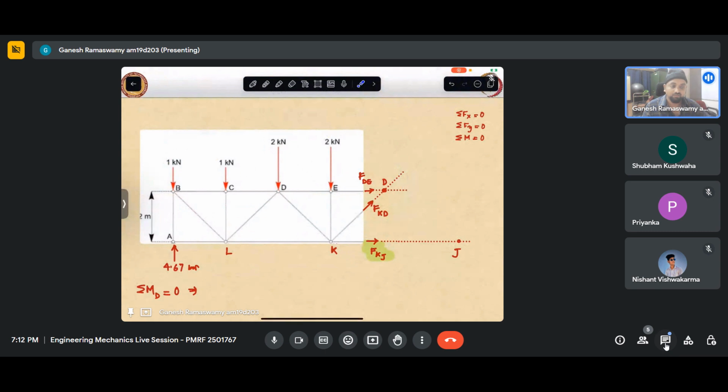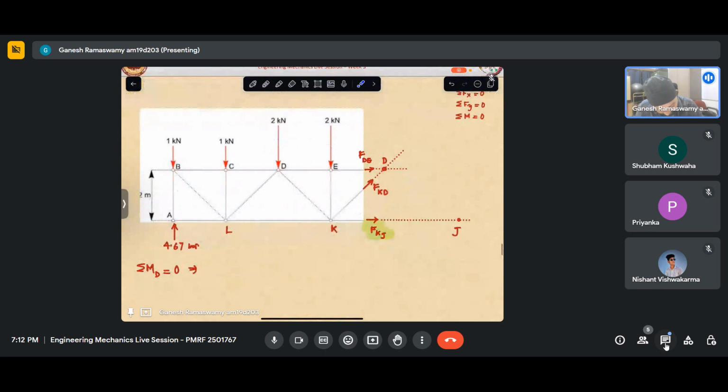So signs we will put accordingly, keeping in mind that this is 2 meter and this distance is also 2 meter. Irrespective of where I have cut the section, I may as well have cut the section here or here or here. Ultimately, I'm taking the moment at joint D. So that is the distance I need to consider. So I hope that that is clear.